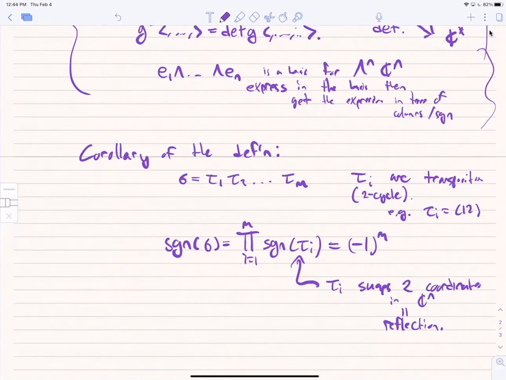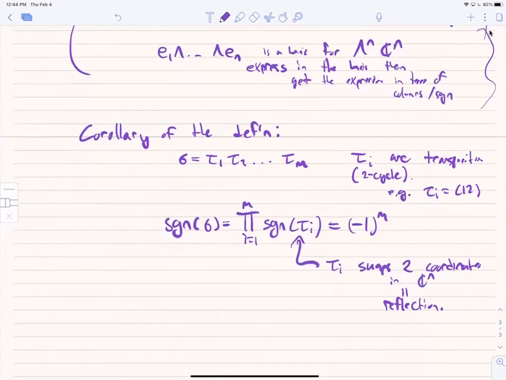Now we're getting into definitions again, but this is in particular easy to check in this case. Okay, so good.